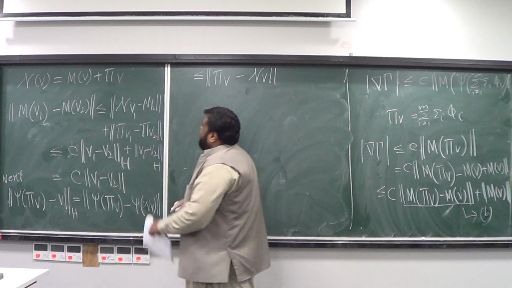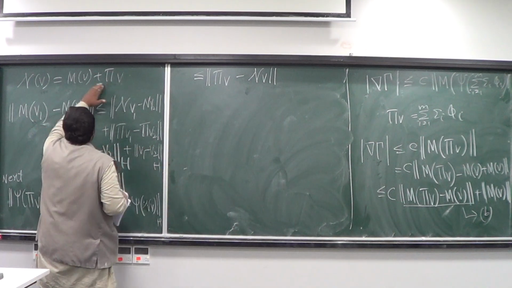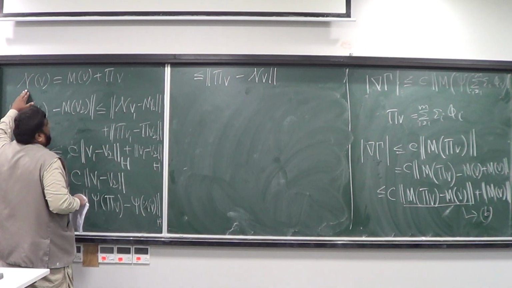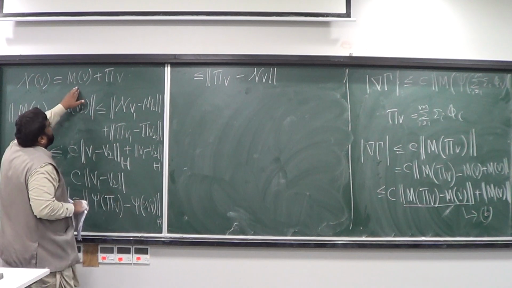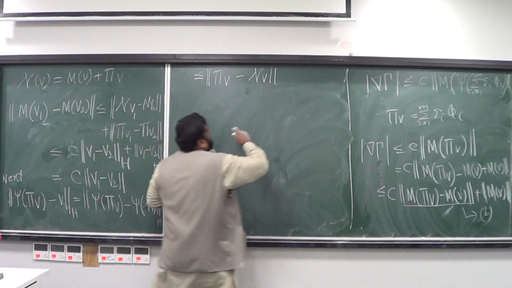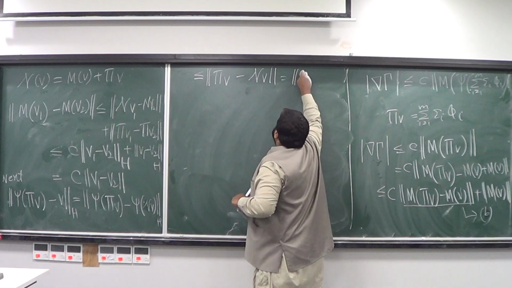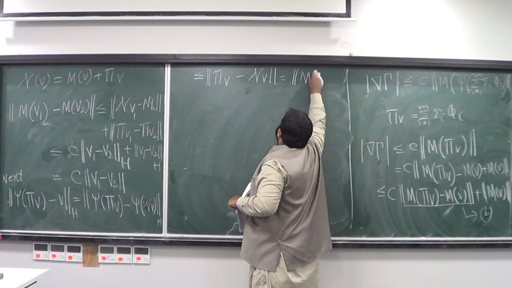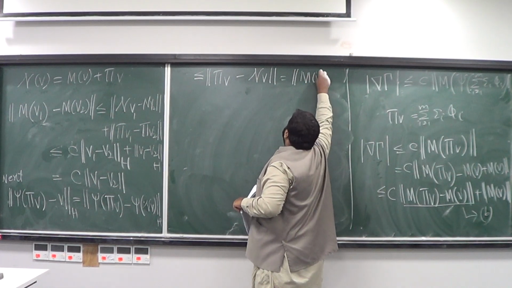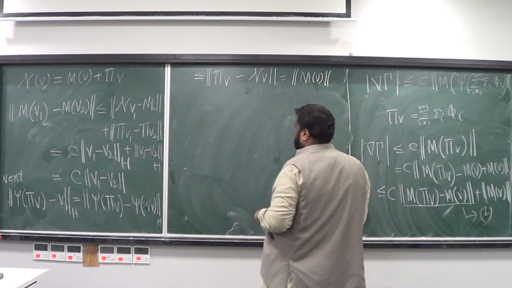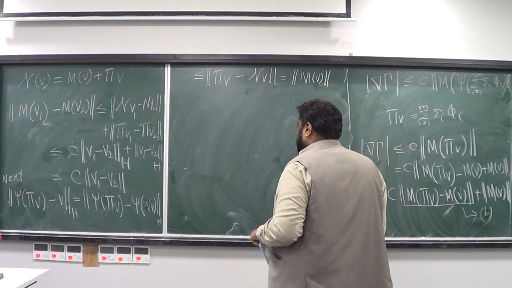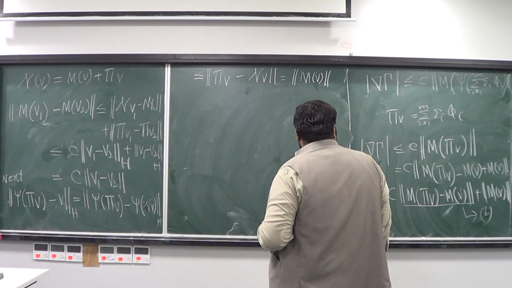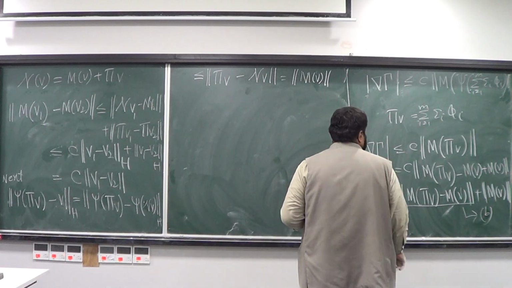But pi v minus N of v is really M of v. So this is the same as the norm of M of v. So now we are ready to meet with this term.